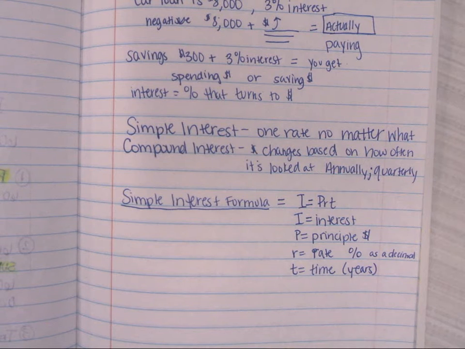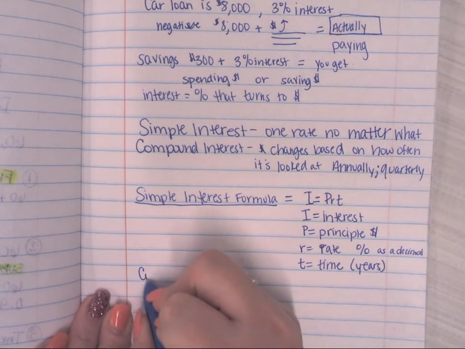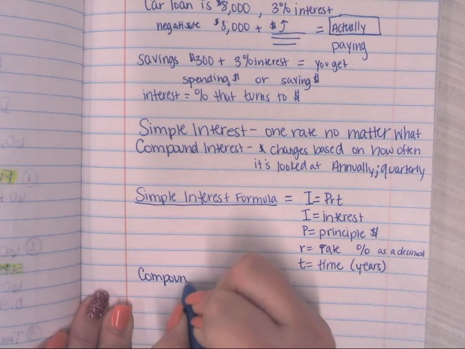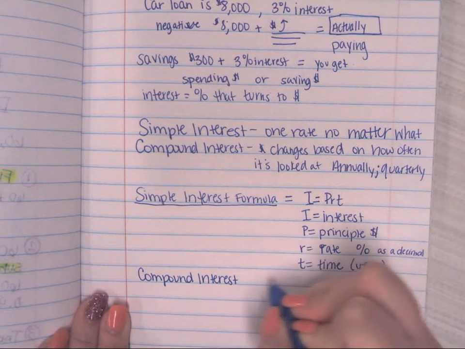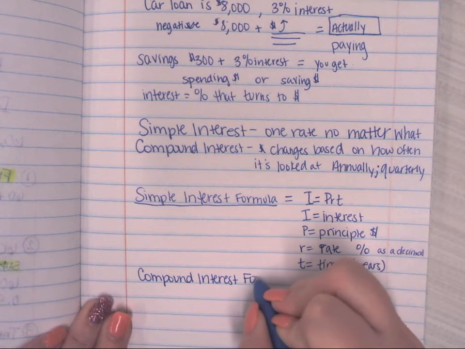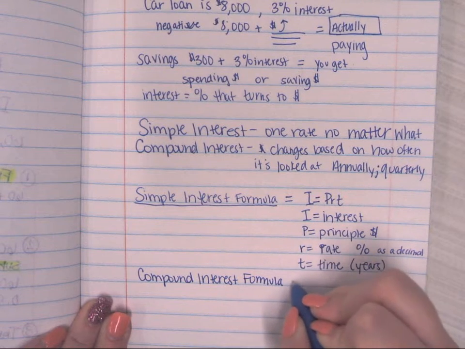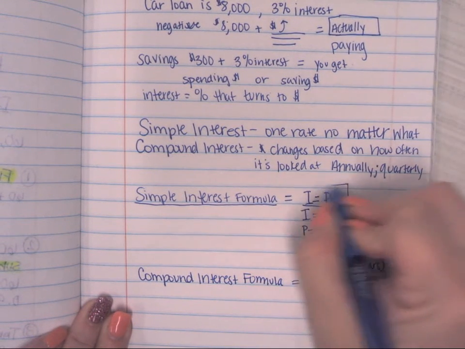There are some different things that you have to do when you are looking at simple interest versus compound interest. Okay? Compound interest, the formula is, I'm going to box this in so you guys can see this.